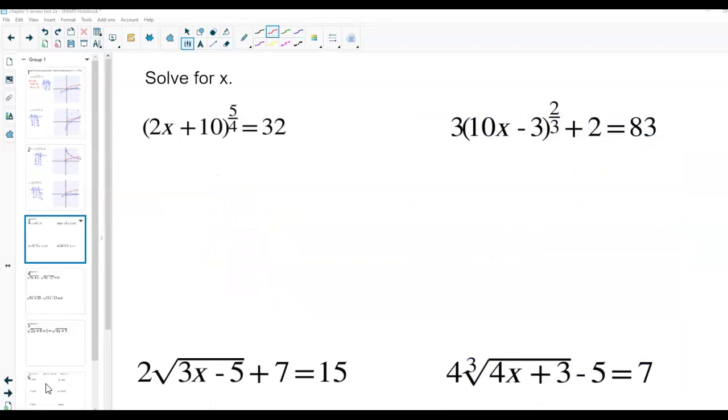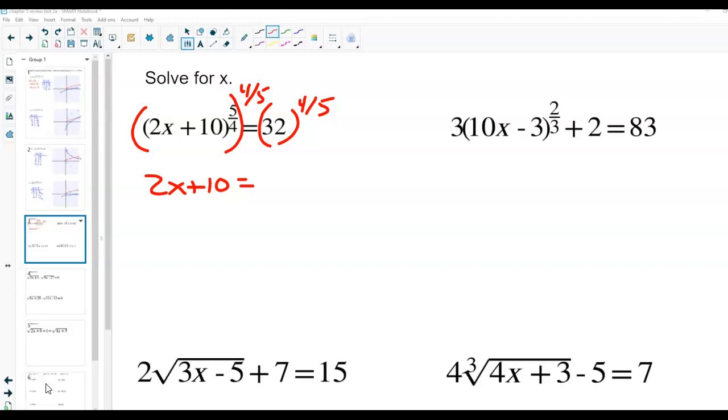When we have a weird fractional exponent like that, the key is getting that fractional exponent to be 1. I'm raising both sides to the 4/5. You raise to the reciprocal, which leaves you with 2x plus 10 equals 32 to the 4/5.